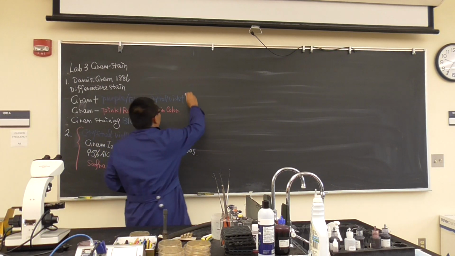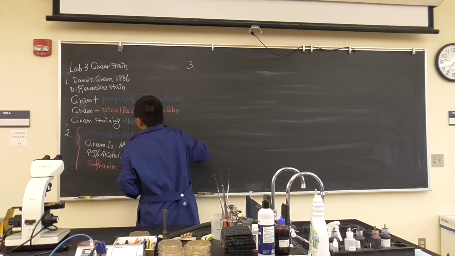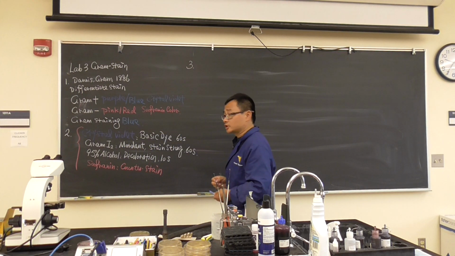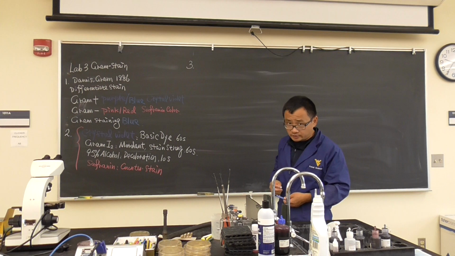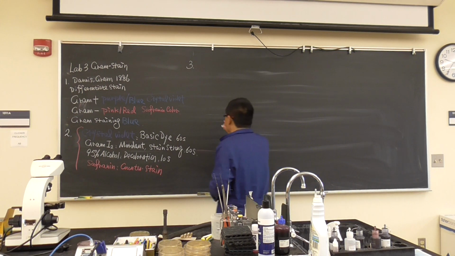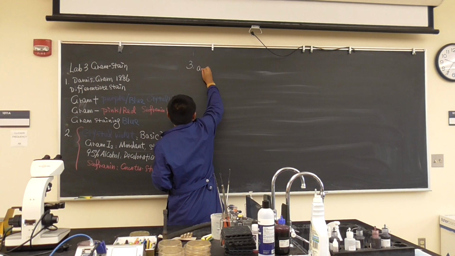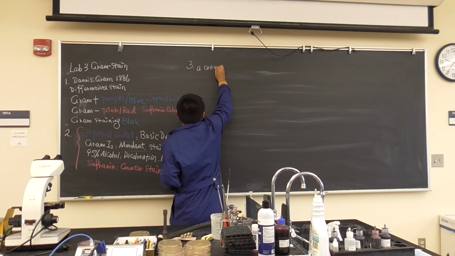Now, we mentioned in the lecture why Gram-positive looks purple or blue and why Gram-negative is pink or red. We have two theories. Number one is called the cell wall theory.